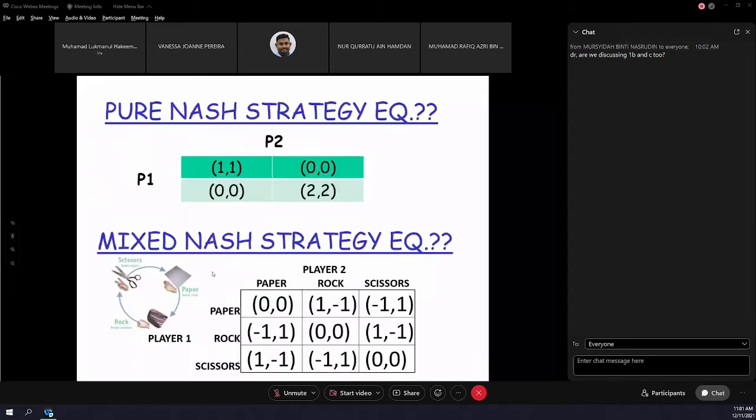Okay. So let's look at this example of the pure Nash equilibrium. Is there any pure Nash strategy in this particular matrix? Hawa, are you there? Yes, doctor. For this, 1 1. Only one is the pure Nash.